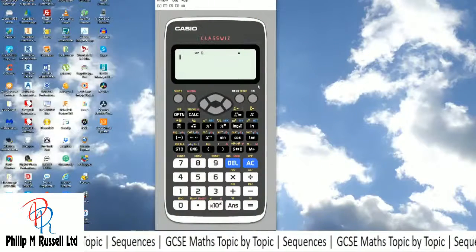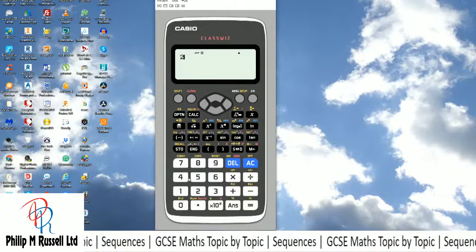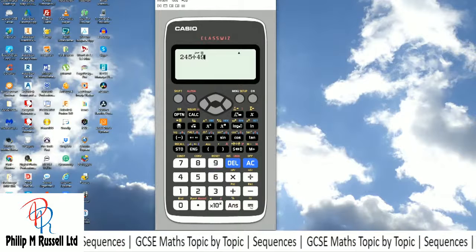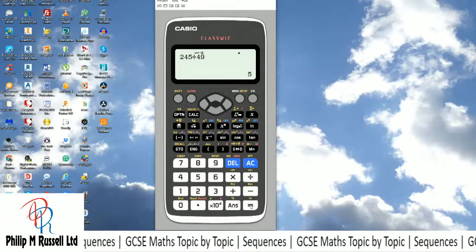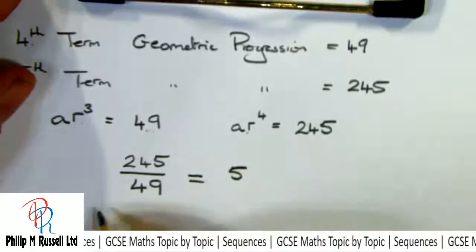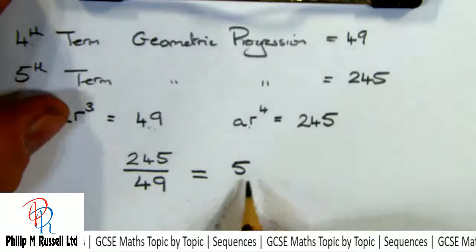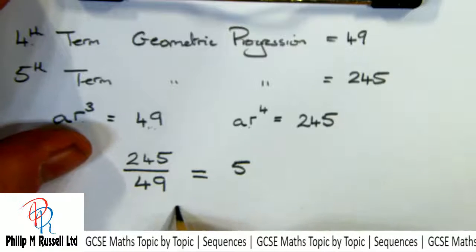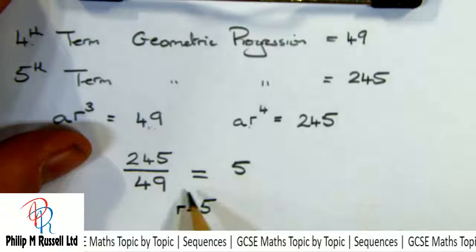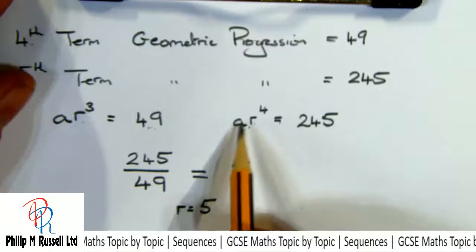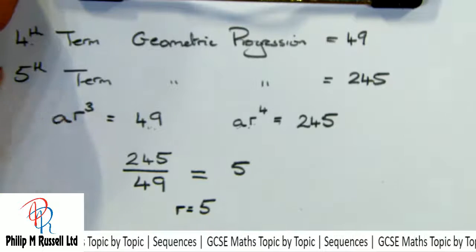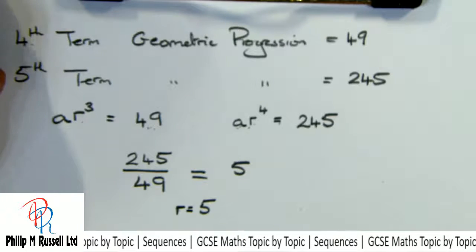Let's see what happens if we do that. 245 divided by 49, and that will give me a simple answer of 5. So my common ratio here is 5. Once I've got that, it's possible that I could actually work out what a is, or any other things that I might be asked to work out.